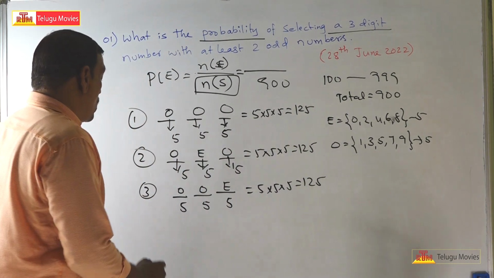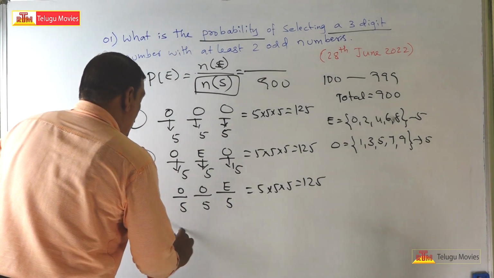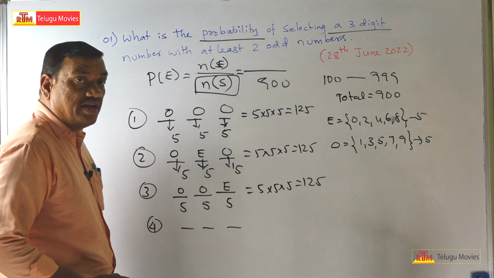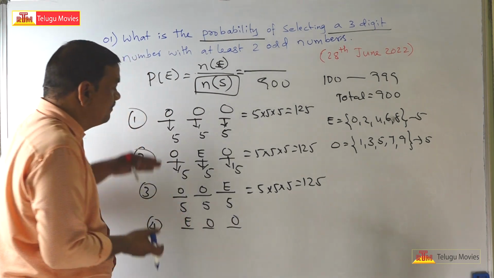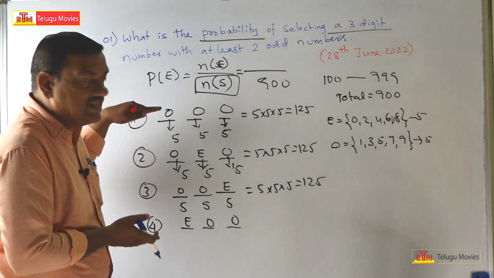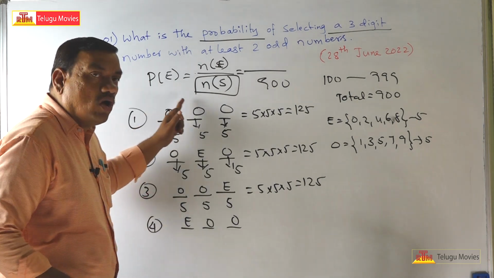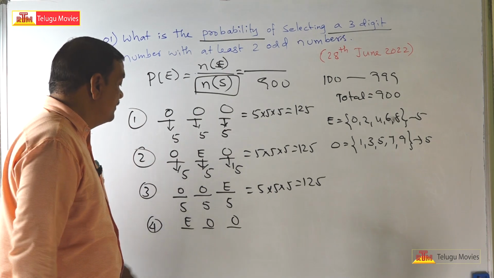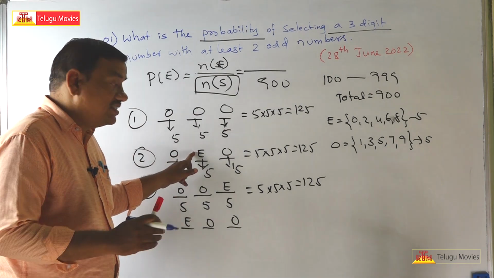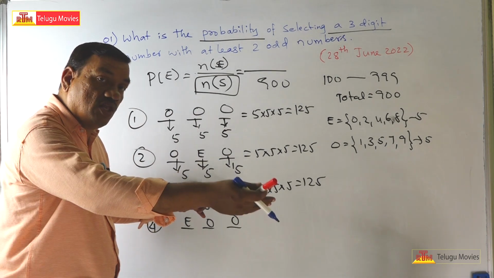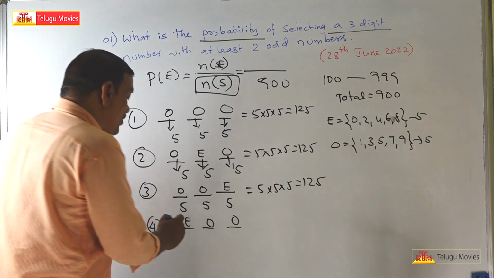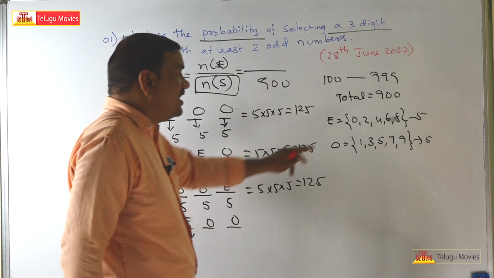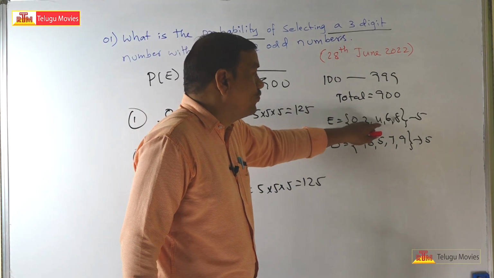Now the last case is, let the even digit be in the first place and the others odd. See here, all 4 cases I have written. First, all 3 digits are odd. Then the center digit is even. Here the last digit is even. The first digit is even. If you observe, what are the even digits here? 0, 2, 4, 6, 8.